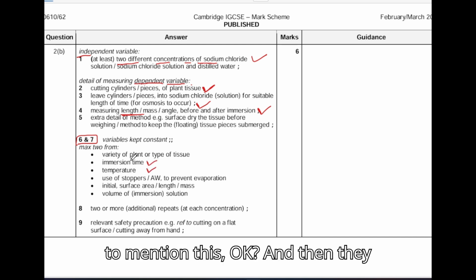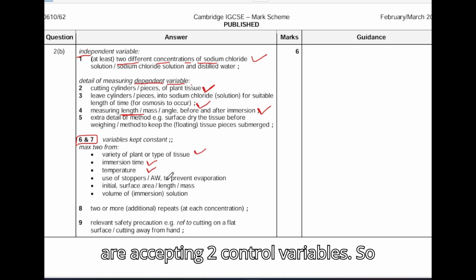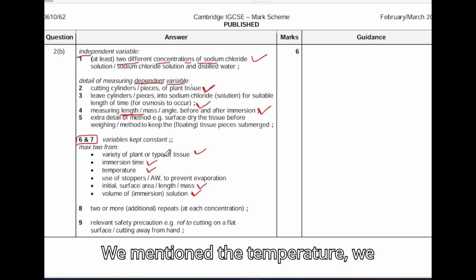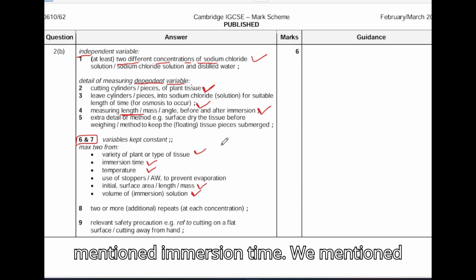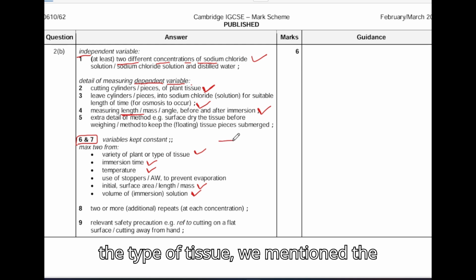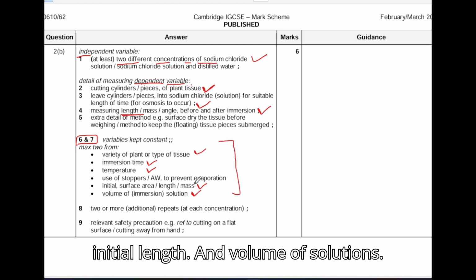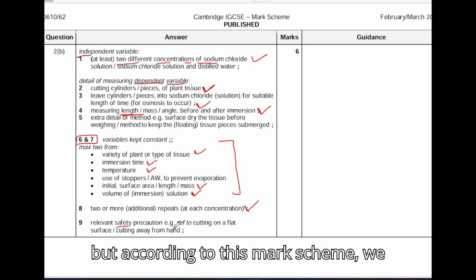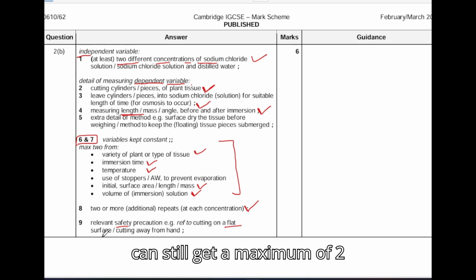Then they are accepting 2 control variables. We mentioned the temperature, immersion time, type of tissue, initial length and volume of solution. So we have mentioned 5 control variables, but according to this mark scheme, we can still get a maximum of 2 marks here.